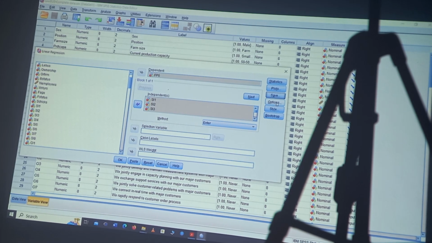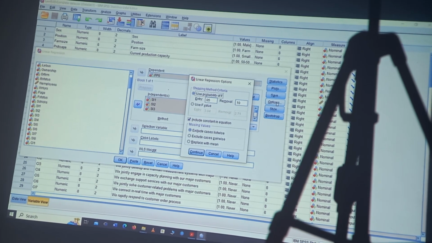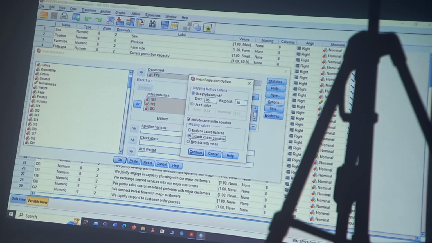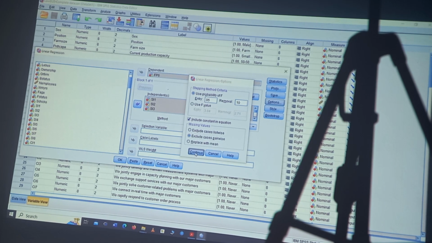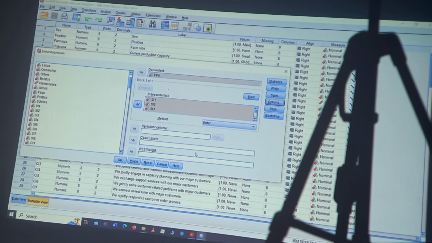Then go to Options. At missing values, click exclude cases pairwise. Exclude cases pairwise. And then click on Continue. At the method section, make sure that Enter is selected, okay?